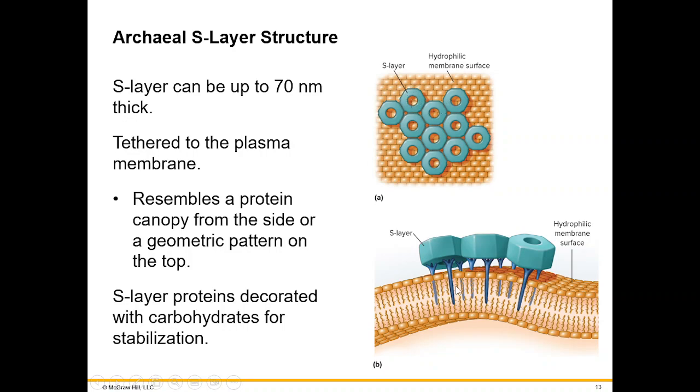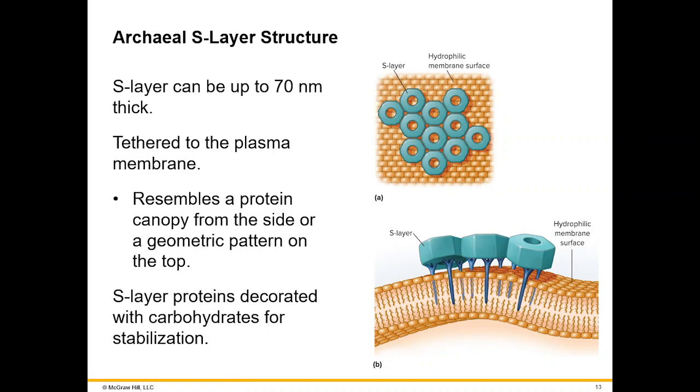They are embedded in the plasma membrane. They have hydrophobic tails that extend into the plasma membrane and anchor them here. And then you have this formation of the polar S layer heads. Based on this formation, they are dynamic in the membrane of the cells.